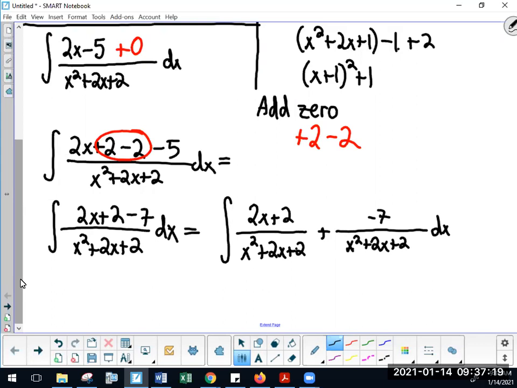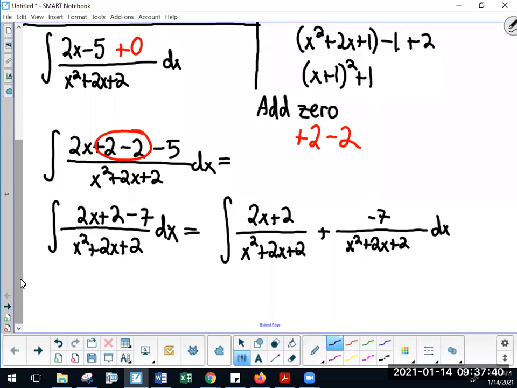So check out what I've done. I have a fraction strategically designed so that I can do substitution, and I'm taking that fraction and decomposing it. What decomposition means is breakdown, not the rotting version from science, but the idea of breaking something down.